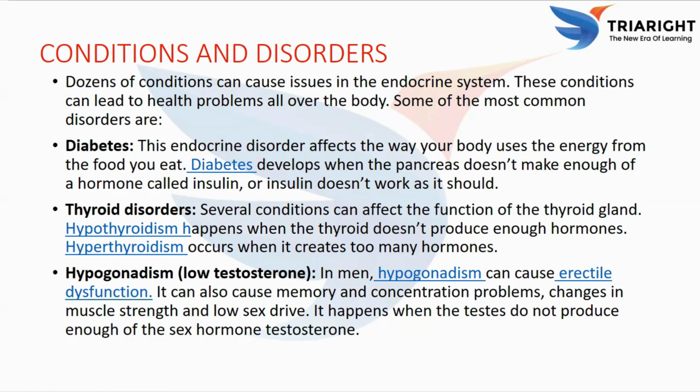So coming to the first condition or disorder, it's diabetes. So what is diabetes? It's a common endocrine disorder that affects how the body uses energy from food. So what is the cause of diabetes? The pancreas does not make enough insulin, or the insulin does not work properly.